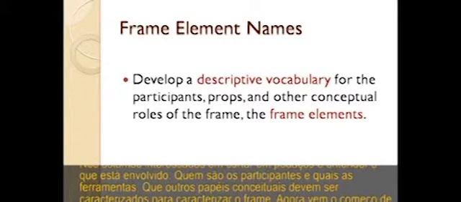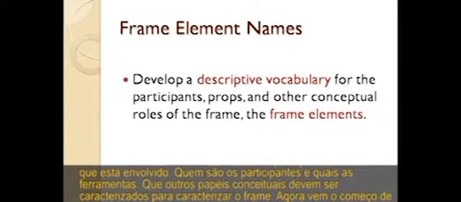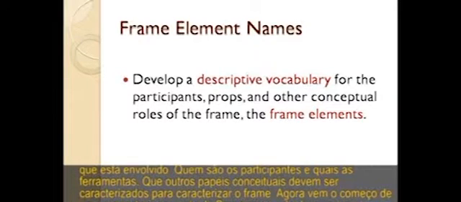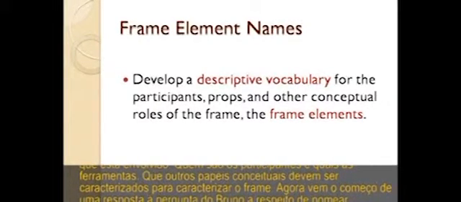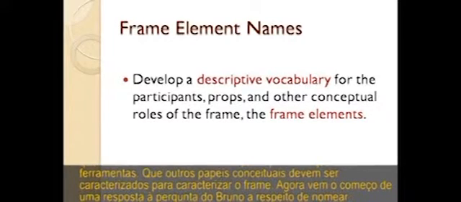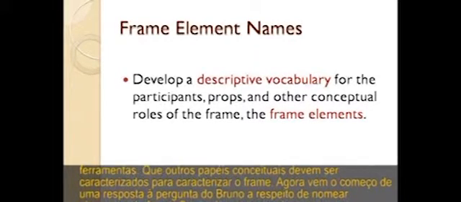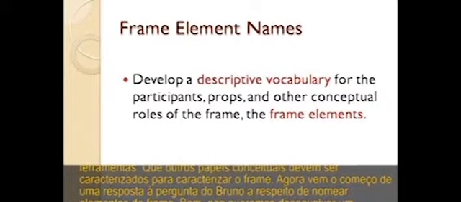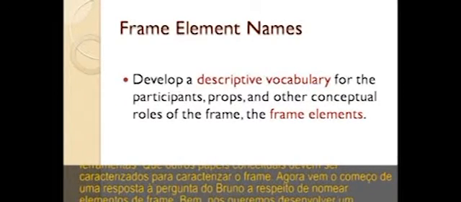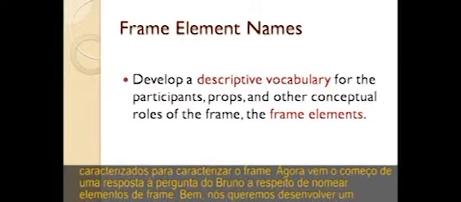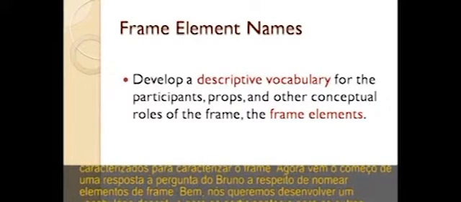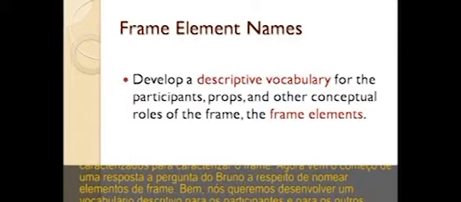I could call the frame elements banana, potato, orange. That's not going to help me remember what those roles are, right? I want to choose names that are mnemonic for the role, right? That's the basic idea.